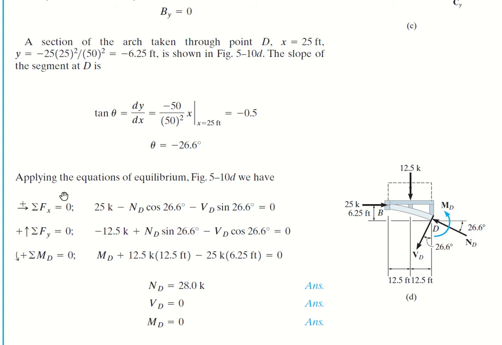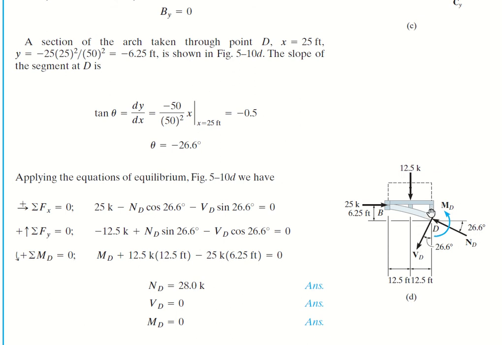Okay, now applying the equations of equilibrium, figure 5.10D, we have considered this figure and applying the equations of equilibrium. Summation of F of x is equal to 0. So here is your first force in x direction. Now this ND will have two components, one horizontal and the other vertical.